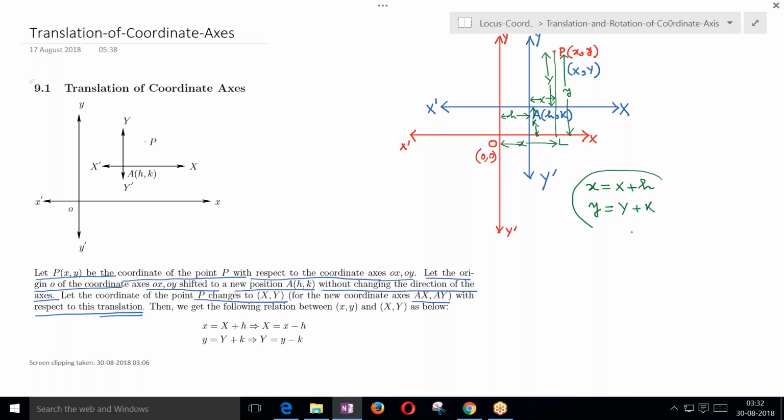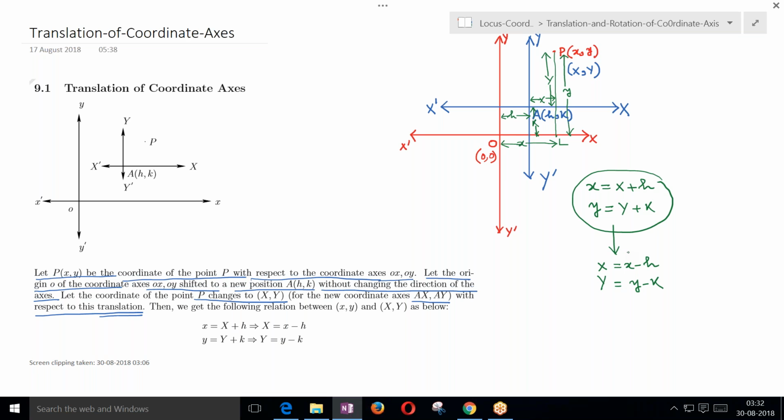So from this relation, we get that capital X is equal to x minus h and capital Y is equal to y minus k.